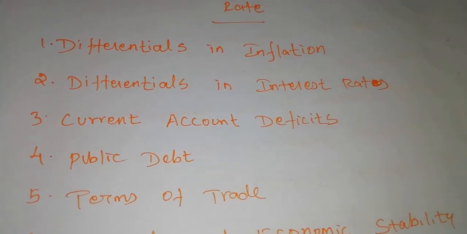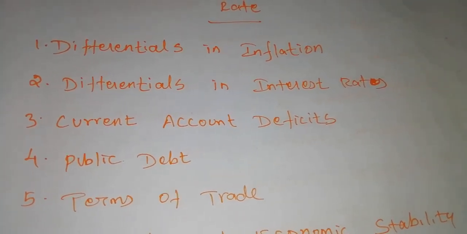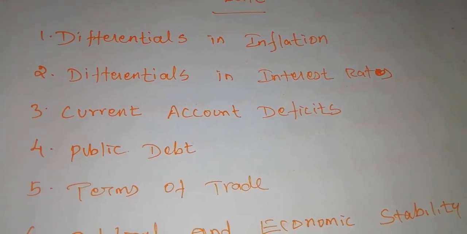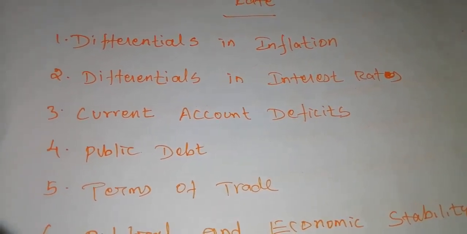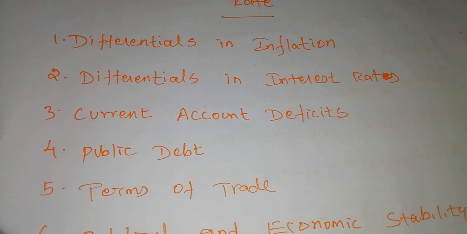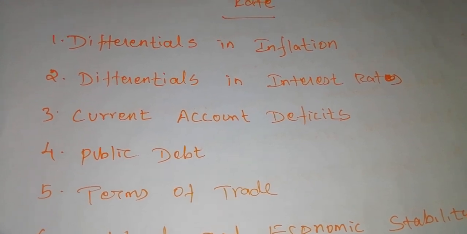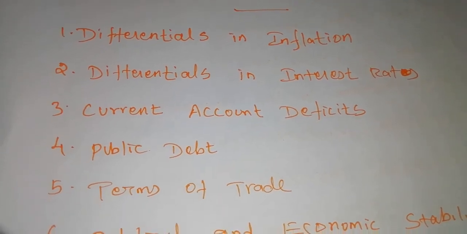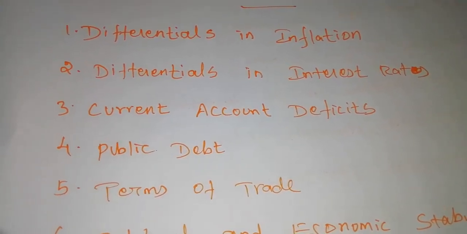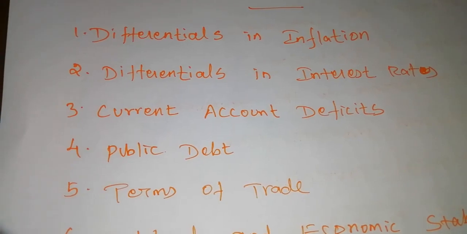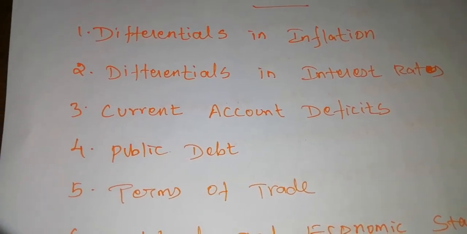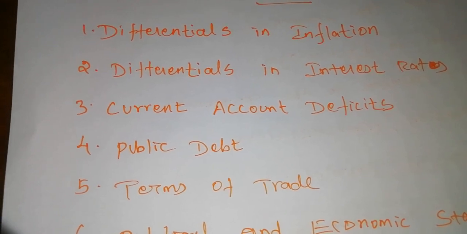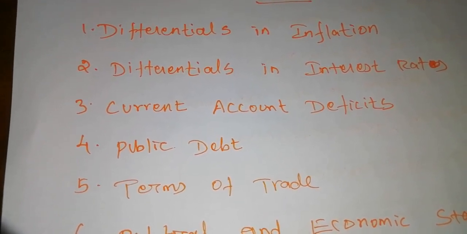So we have to import more commodities from other nations, and because of that we have to pay more. When we need to pay more to foreign nations, the exchange rate will change. The country resorts to borrowing capital from foreign sources to make up the deficit.